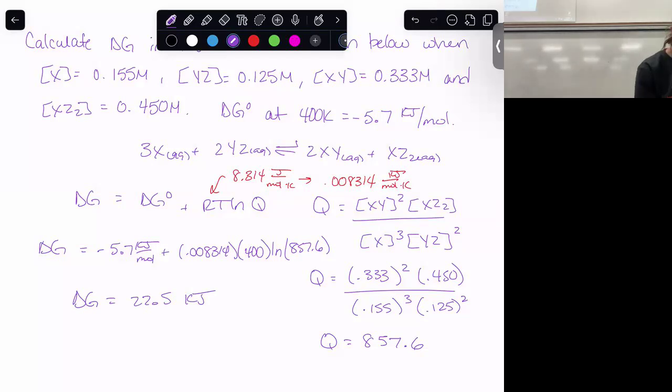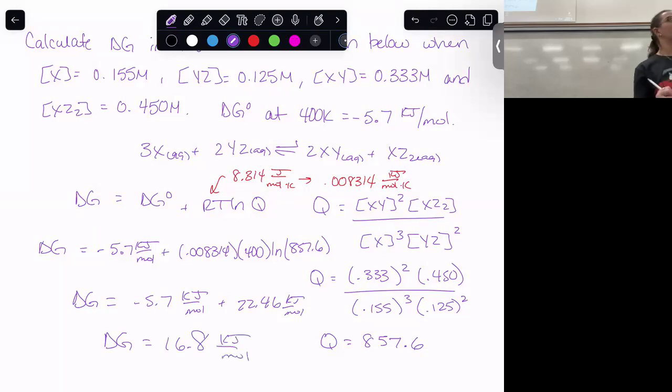That's a lot. This has to be plus: negative 5.7 plus 22.46. So delta G is 16.8. Is that what you got? Cool.